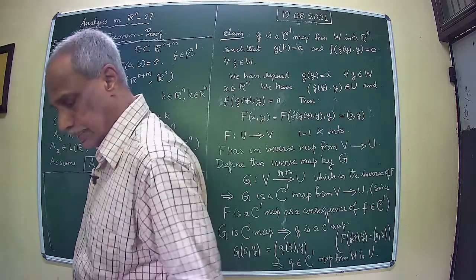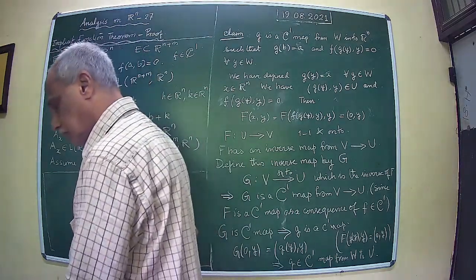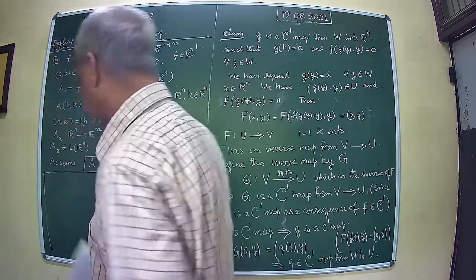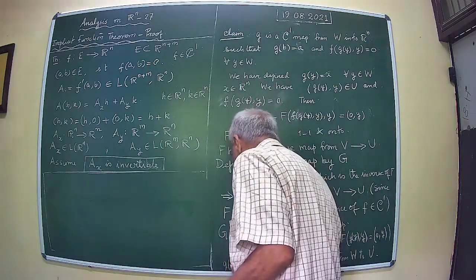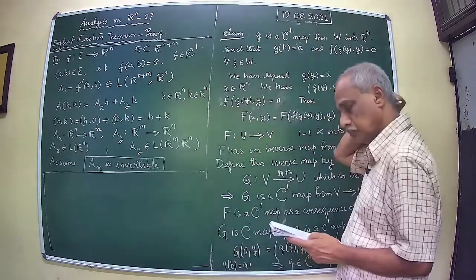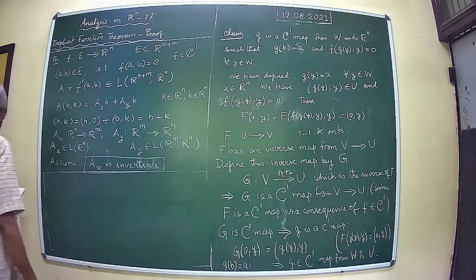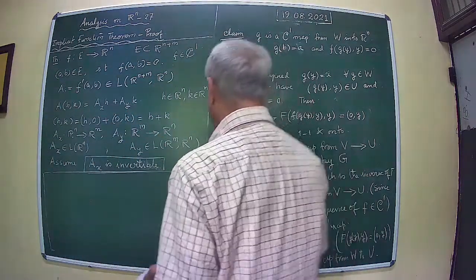Okay, so the next part of the statement is that we also have that G of B. Now we compute.